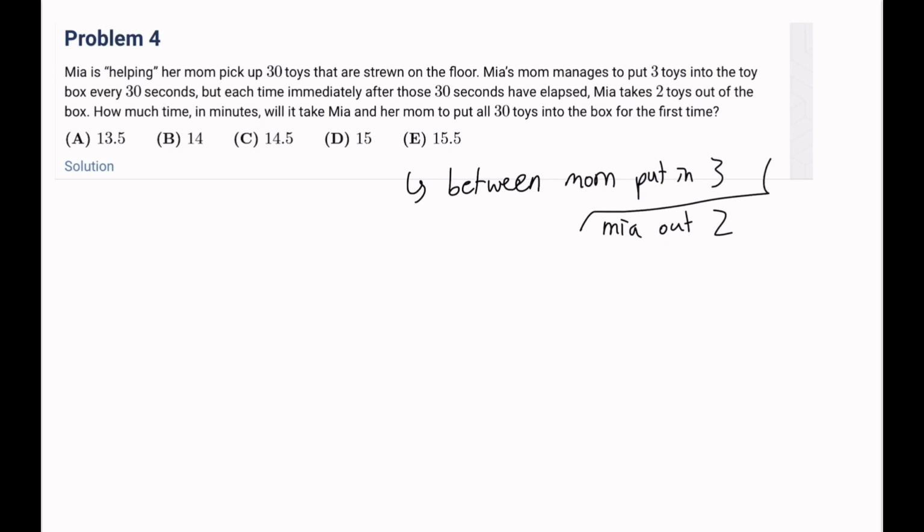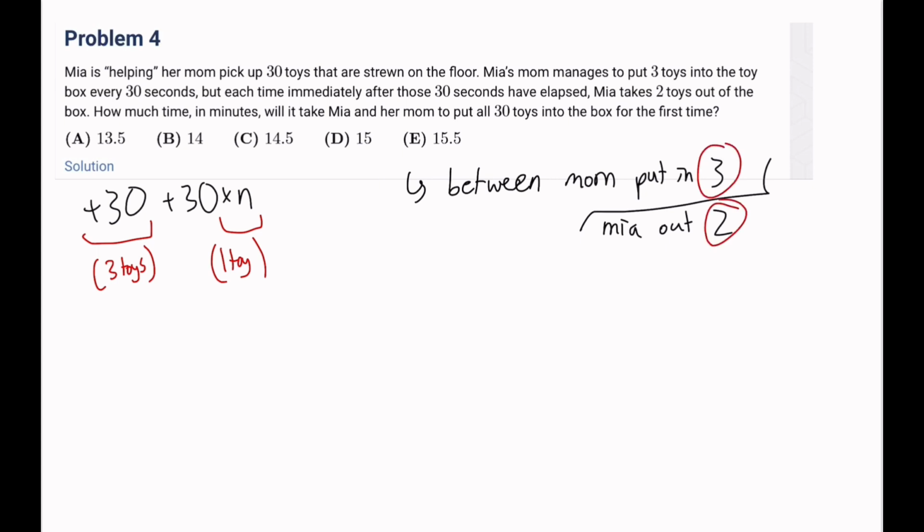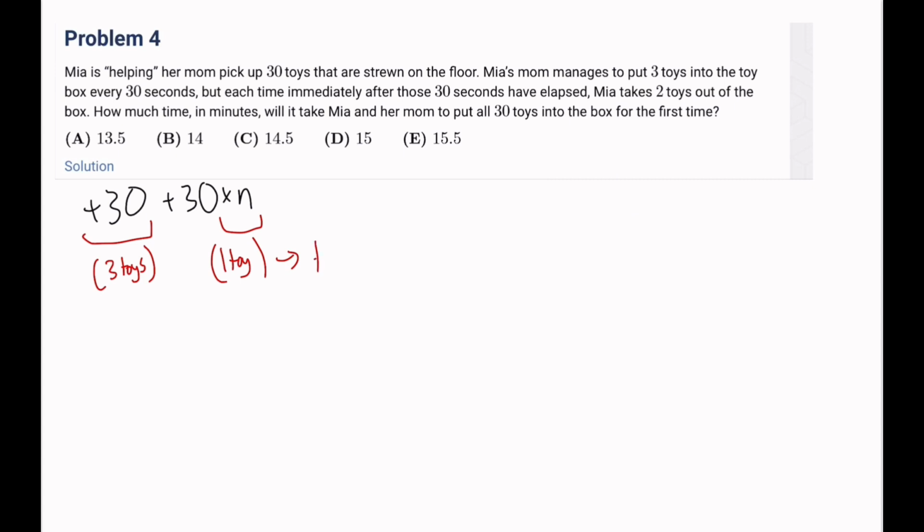And so right at this moment in time, we need a first 30 seconds to have elapsed. So this 30 seconds will have been for the 3 toys that Mia's mom put in, and we need 30 seconds times n more times for one toy being put into the toy box, right? Because after Mia's mom does this, then Mia takes out 2, and so that will be 1 toy for each 30 seconds, right? And their total is 30 toys, right?